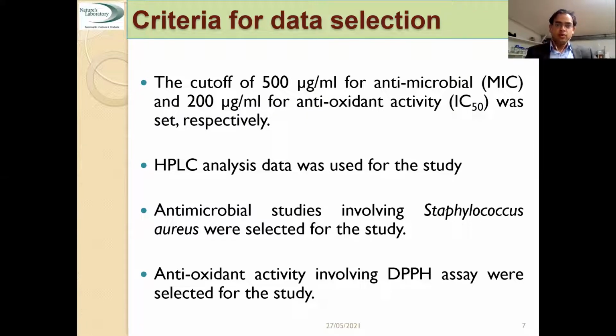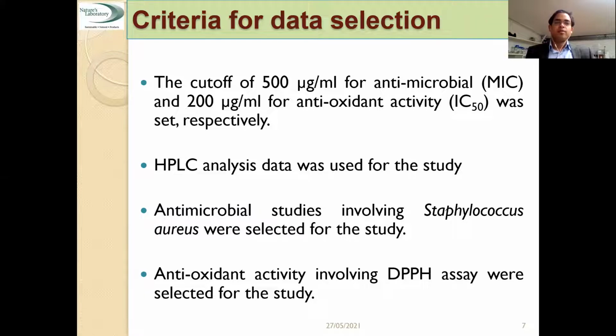We selected studies reporting activity below 500 microgram per ml. Similarly, IC50 for antioxidant activity was 200 microgram per ml. We selected those studies performed by using HPLC as an analytical tool, and rejected studies where the quantification was done by using any other analytical technique.